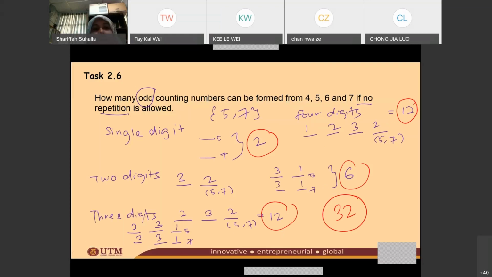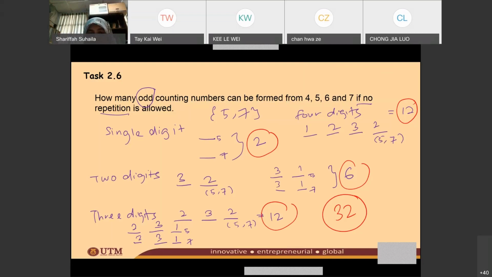Okay, so itu maksudnya how many odd counting numbers. Dia bagi 4 digit je, 4, 5, 6, 7. Tak perlulah masukkan pula digit yang 0 up to 9 tadi, sebab dia kata form from 4, 5, 6 and 7 saja. Now you want to have odd number, so odd number either 5 or 7. So kita consider kalau single digit, you have 2 possible ways. If you have 2 digits, you have 6 possible ways.